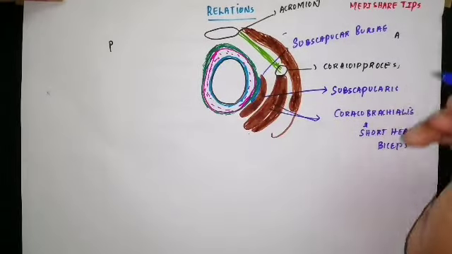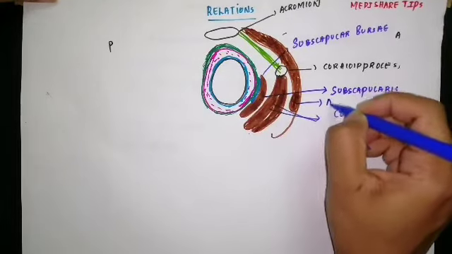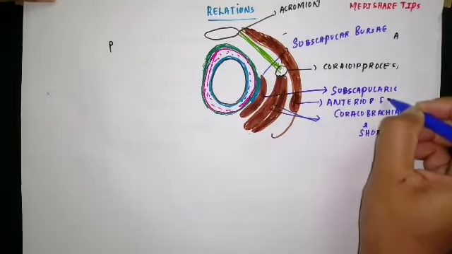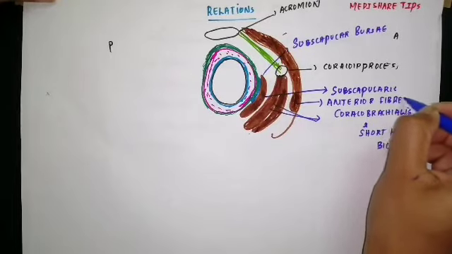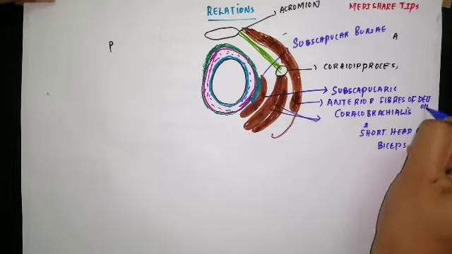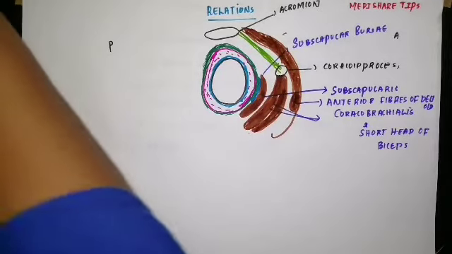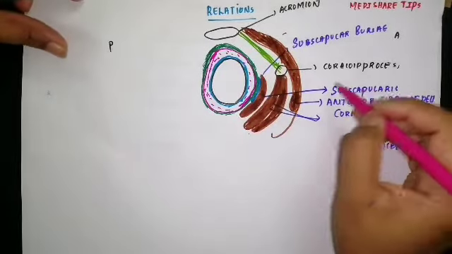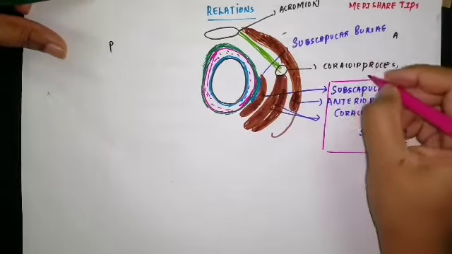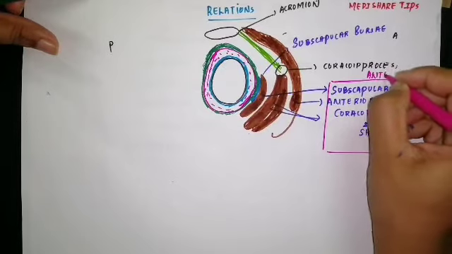And this one is the anterior fibers of deltoid. So all this will form the anterior relation.